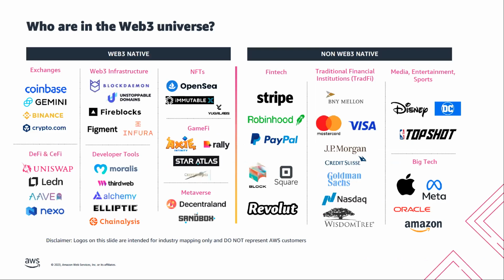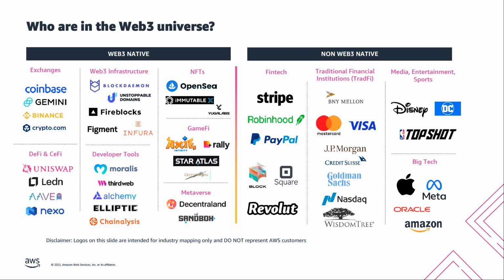And who is in the Web 3 universe? Here come two main categories. Web 3 natives: most of the companies in Web 3 natives are born on blockchain technology. For example, for exchange sites, crypto.com, Wizlynx, Coinbase, and for NFT, we have OpenSea, Immutable, and maybe some of you are also familiar with some games like ASA and Star Deltas.